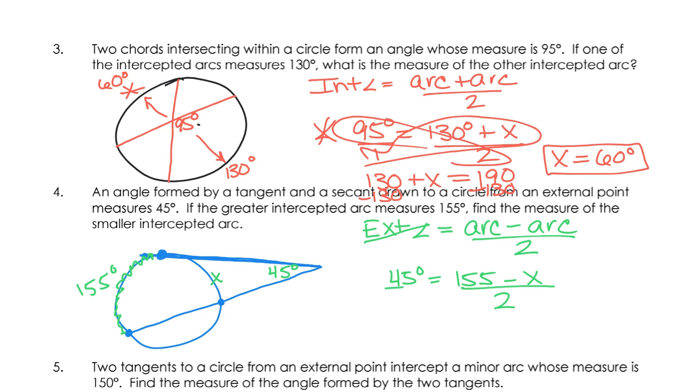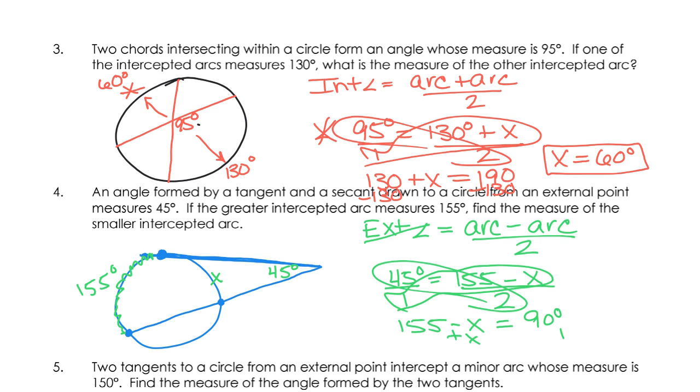This is a work backwards one, so I'll make this side a fraction to cross multiply and get 155 minus x equal to 45 times 2, which is 90. I add x to this side and subtract 90, so x equals 155 minus 90, which is 65 degrees. That is how many degrees are in this inner arc.